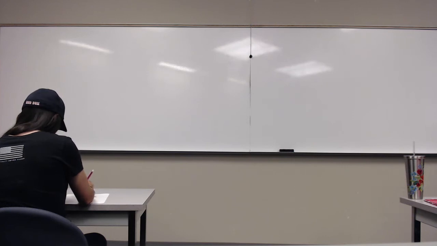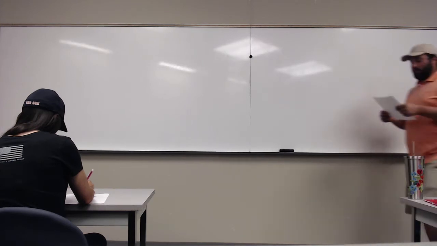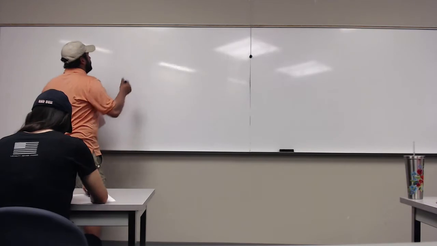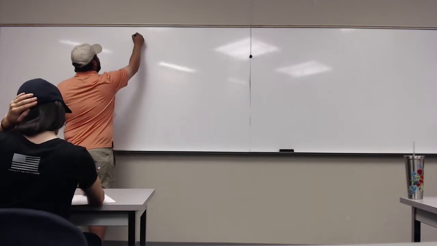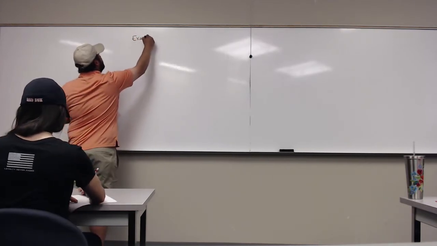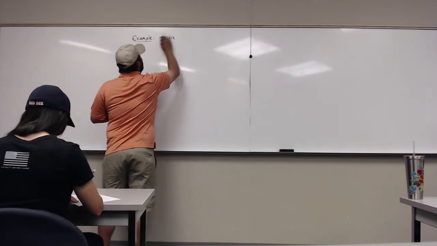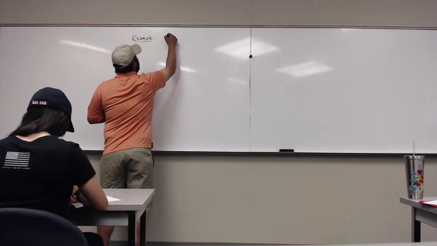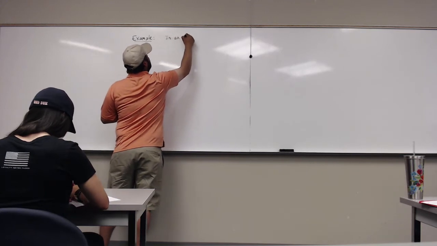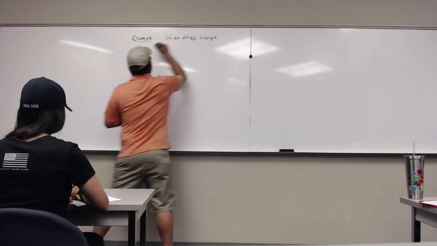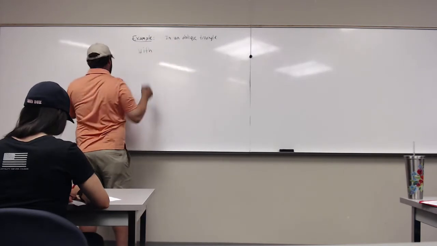Now, the book isn't open, but I'll just have to make one up here and give everybody one to solve. So let's go with a side-angle-angle example in an oblique triangle, and I'll make something up.